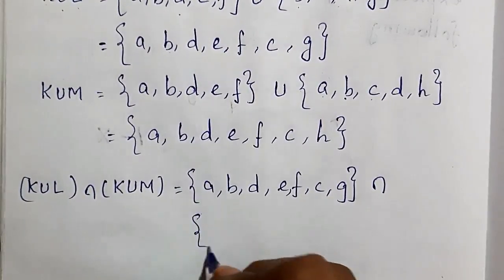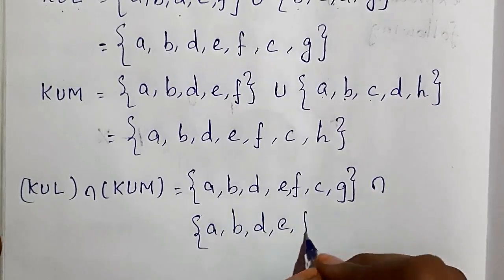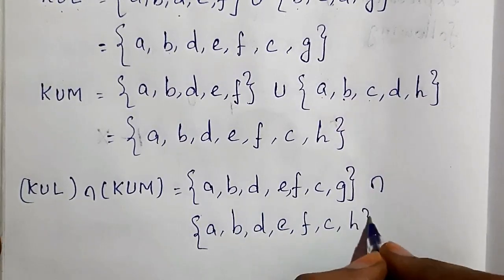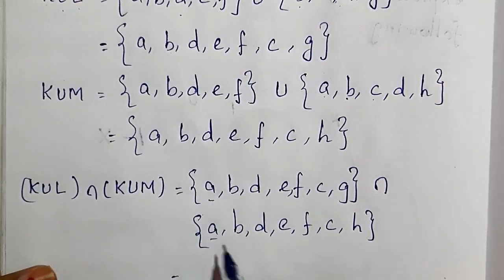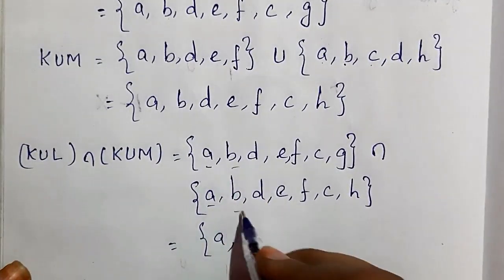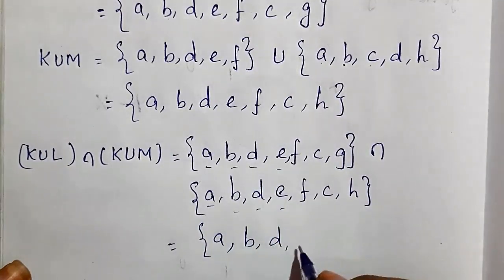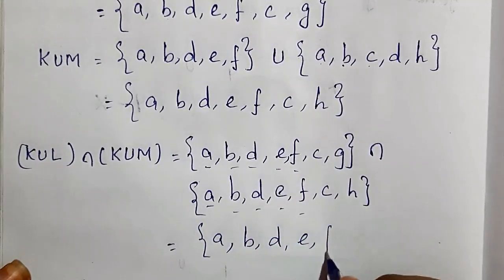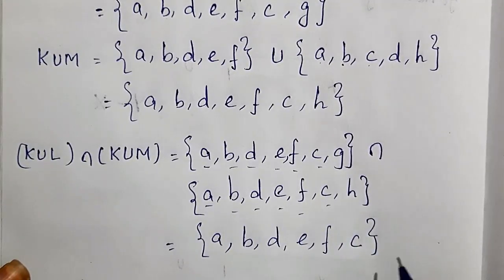The next set is this one: a, b, d, e, f, c, h. Intersection means collect common elements alone. So A is common, so we consider A. Then B common, D common, E common, F is common, C is common. Okay, that's all.